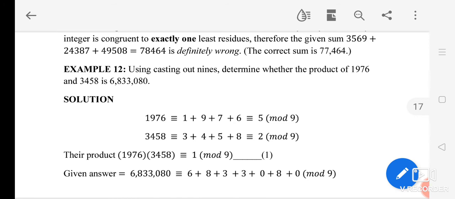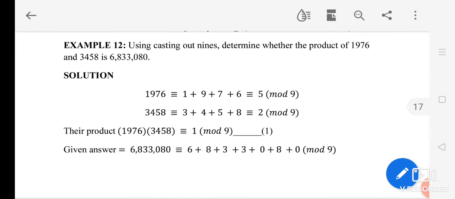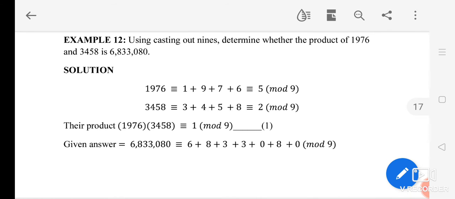It is congruent to the sum of its digits, 1 plus 9 plus 7 plus 6, which is congruent to 5 modulo 9. Next, the sum of digits of the given number is 3 plus 4 plus 5 plus 8, which is 20. 20 is congruent to 2 modulo 9.